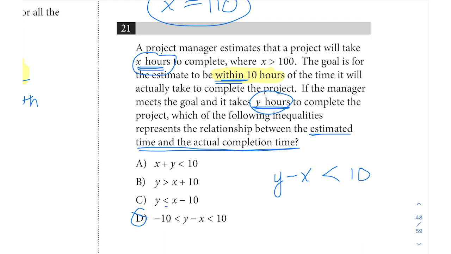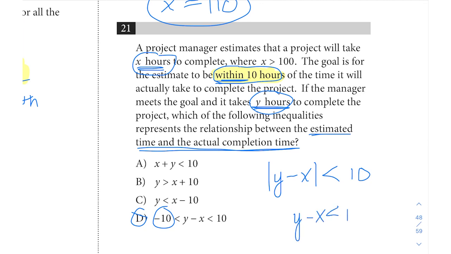But in terms of comprehension, let's make sure we understand, where does this negative 10 value come from? Well, within 10 hours means that you could, in terms of your estimate, be over or under as long as you're within 10. So you could be over by, let's say, 9 or even 9.5 hours. You could be under by 9 or 9.5 or 9.9 hours, but we just have to be within 10. So you can think of this almost like an absolute value, that the absolute value of that result would have to be within 10. And whenever you do absolute value, remember that that's going to give you a range of results.